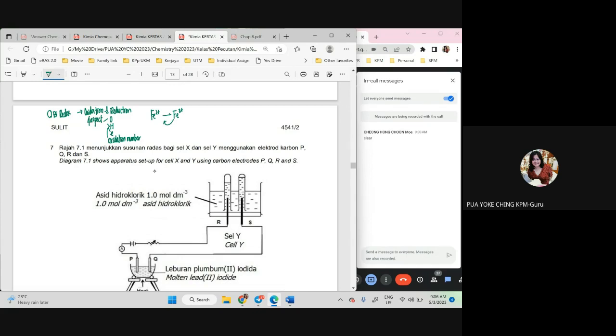So you need to go through all the examples of your oxidizing agent and also the reducing agent. Okay, so kita ada contoh-contoh oxidizing agent dan contoh-contoh reducing agent. So kena go specs yang tu lah.